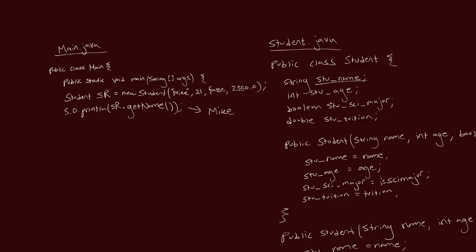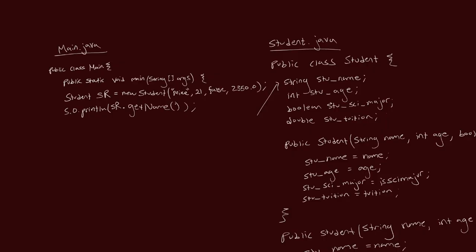Okay. What you can also do is check our name directly. Well, wait, hold on. Yeah, sorry. We can check our name directly if we do stu underscore name. This will also give out Mike. Okay. But let's go back to get name instead.